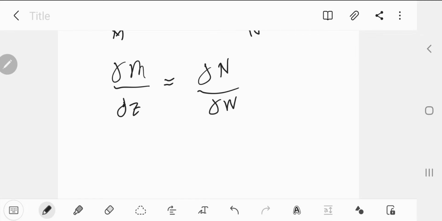Now let us solve the partial derivative of M with respect to z, which is d over dz of w cubed plus wz squared minus z. To solve the partial derivative, let us consider the other variables as constants.